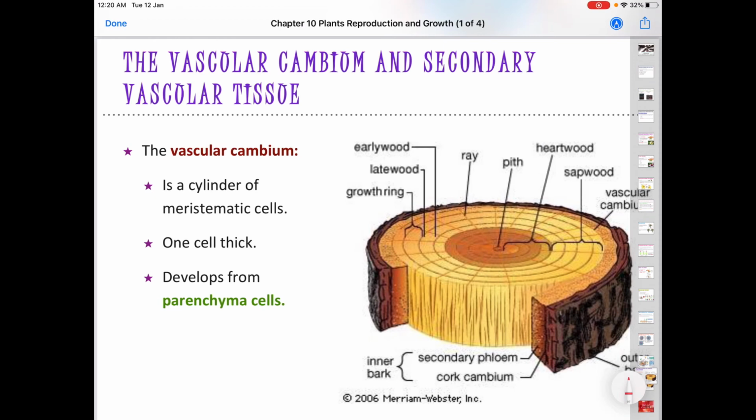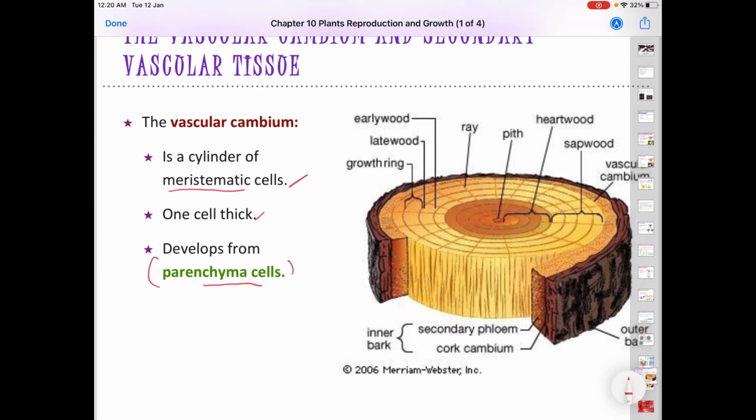The vascular cambium is a cylinder of meristematic cells. Meristematic cells are undifferentiated cells, so they can differentiate into xylem or phloem later. The cell layer is one cell thick, meaning it is very thin, and developed from the parenchyma cells. Parenchyma cells are one of the ground tissues.